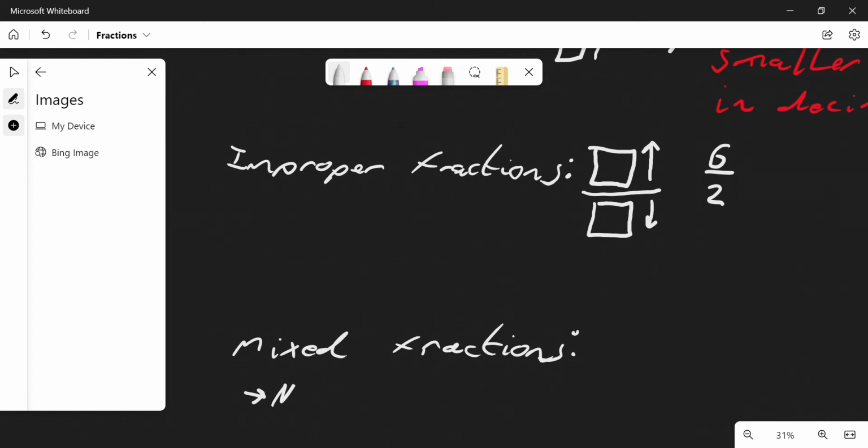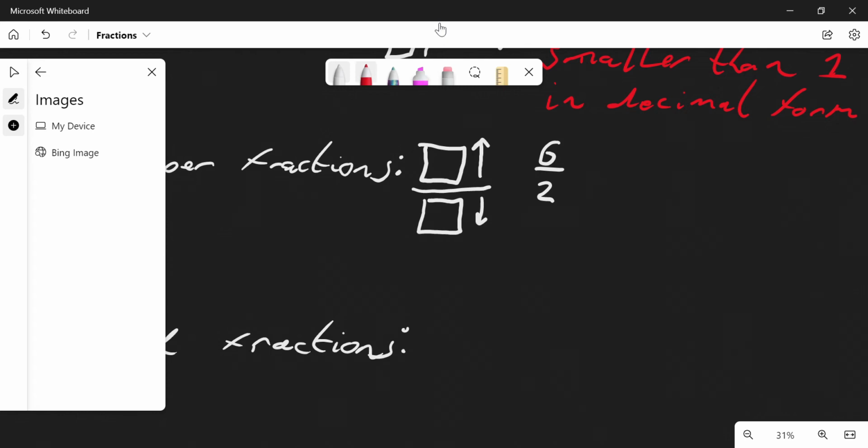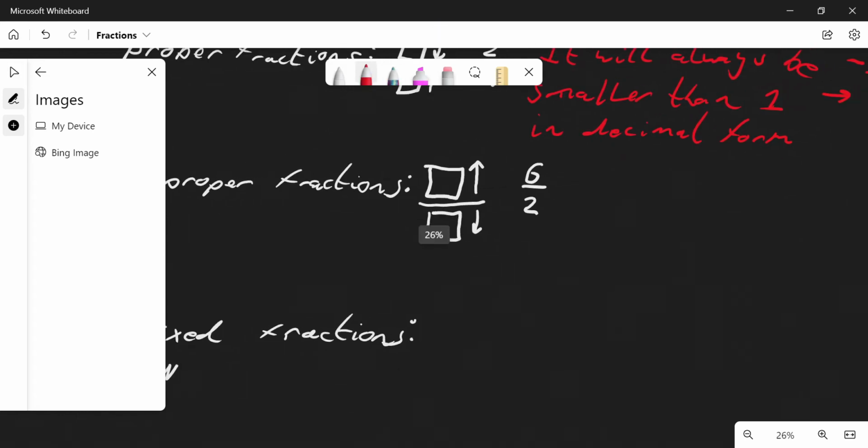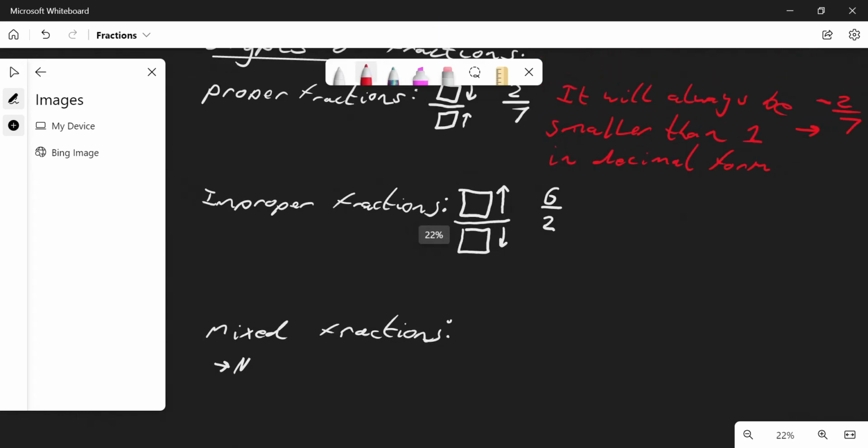So what you will find, our rule actually is, it will always be bigger than 1 in decimal form.